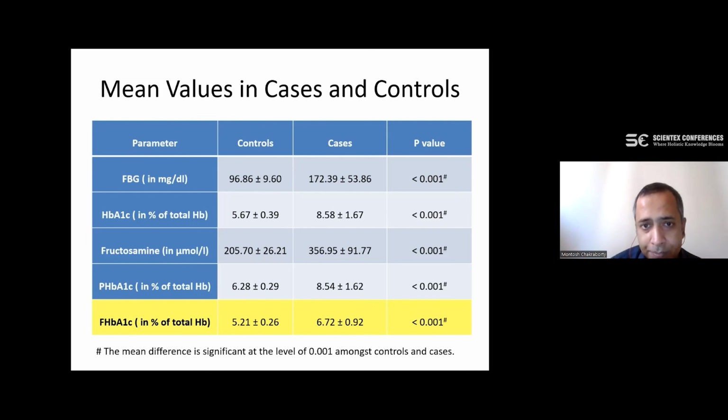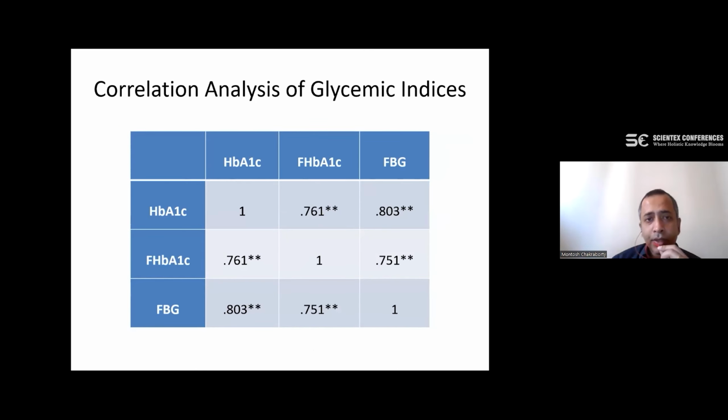Similarly, the value for predicted HbA1c is nearby, and there is a significant difference between the two groups, that is controls and cases. Now, going on to the correlation analysis of glycemic indices. We got the values of fructosaminated HbA1c and predicted HbA1c, so we thought, let us correlate them with the standard glycemic indicators, that is HbA1c, and also to an extent fasting blood glucose. We found a significantly good correlation between those parameters.